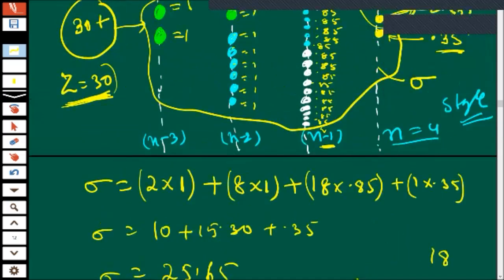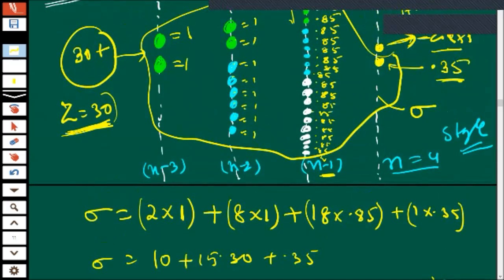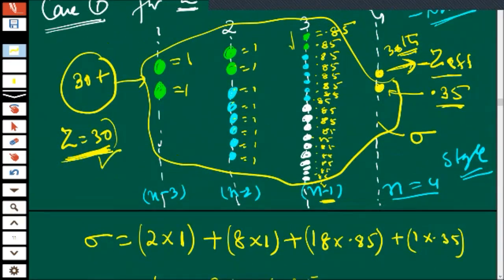The zinc tried to pull this electron by 30, but the others have given some protection, which is known as sigma. Now how much Z effective reached there?